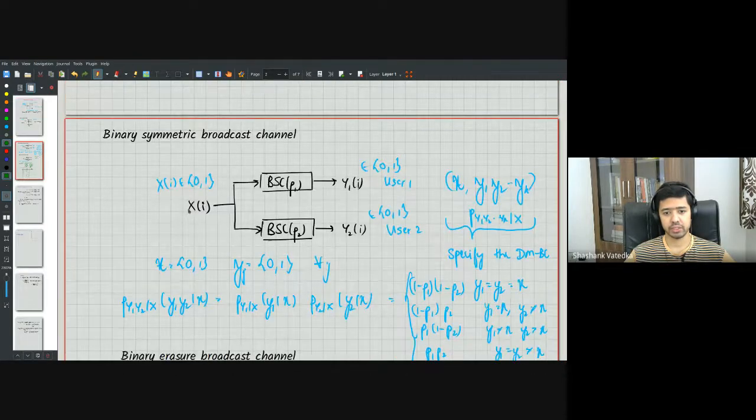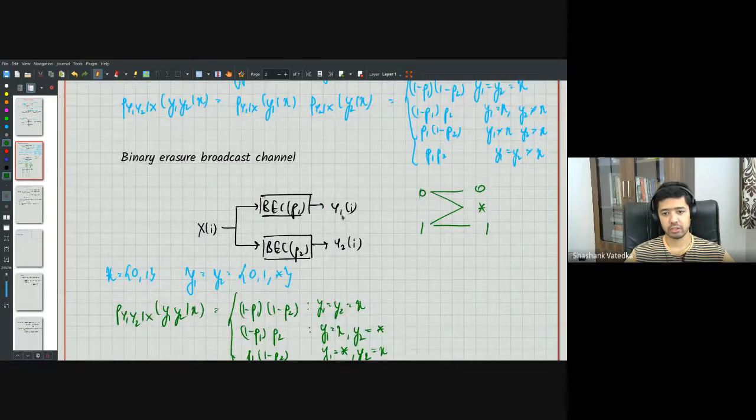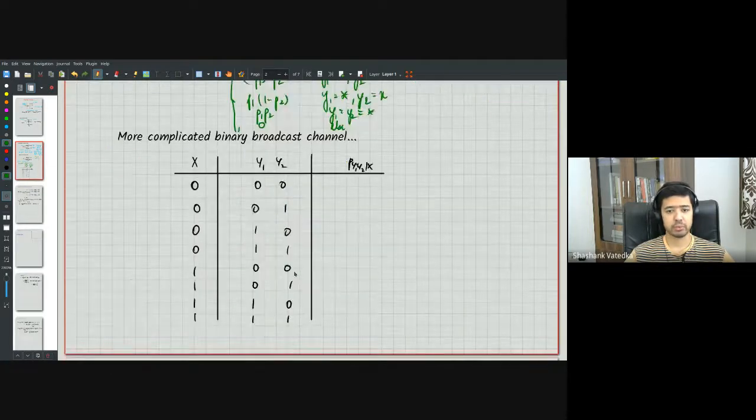Given x of i, y1 of i and y2 of i are independent of each other because they're passed through independent channels. Similarly here, y1 of i and y2 of i are independent given x of i because x of i is passed through independent erasure channels. But there could be more complicated binary broadcast channels, and in general, all you need to do is specify p of y1, y2 given x.